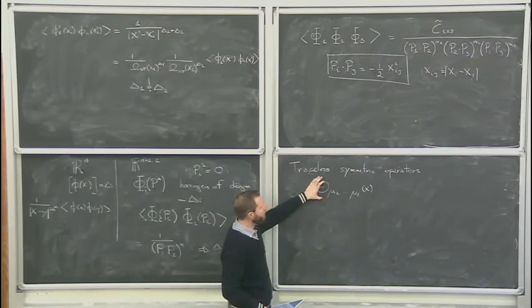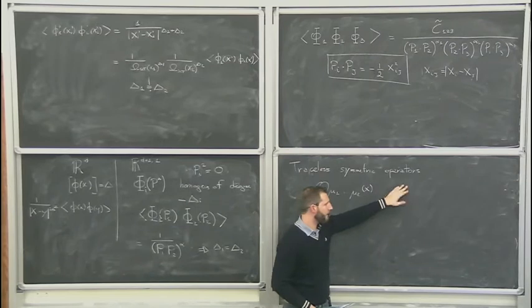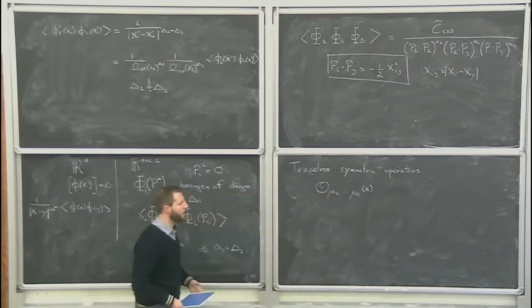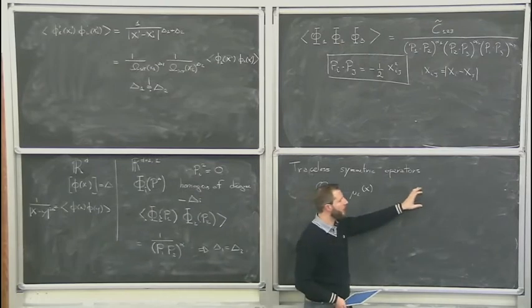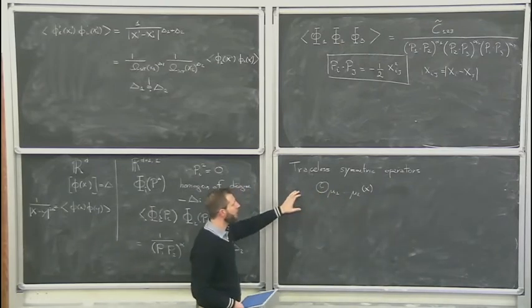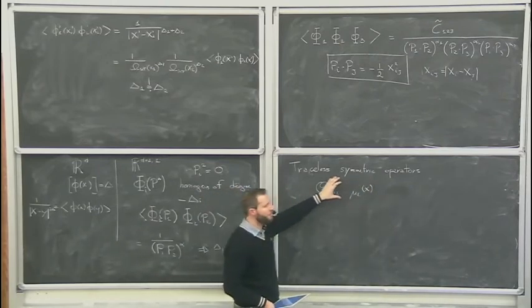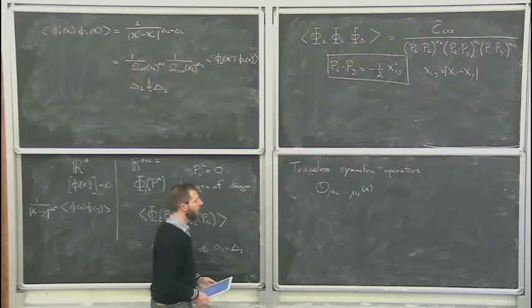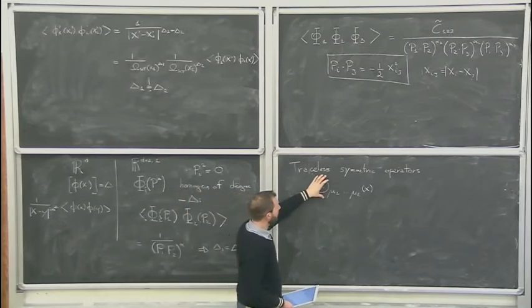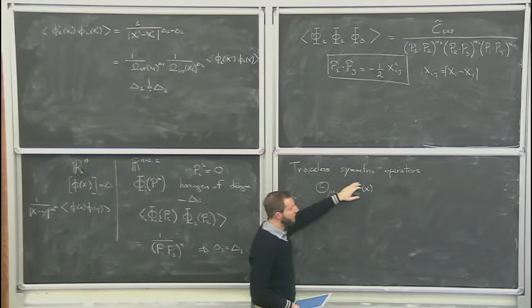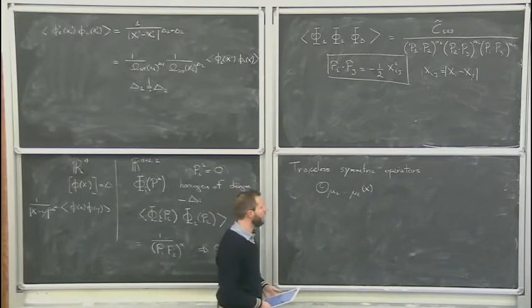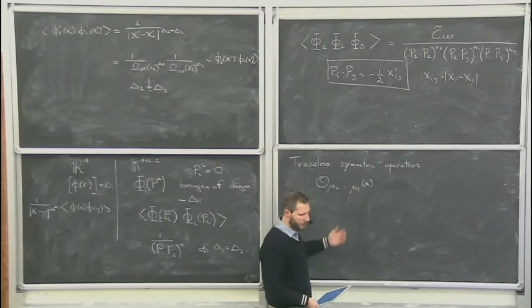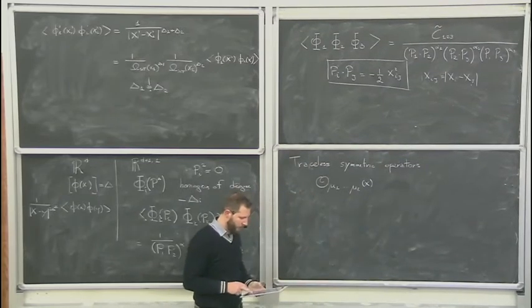The reason I'm considering this will be clear next time, but they are the only important ones if you want to bootstrap correlation functions of scalar operators. And also, these operators are present in any dimension, so it's a very generic thing to deal with.